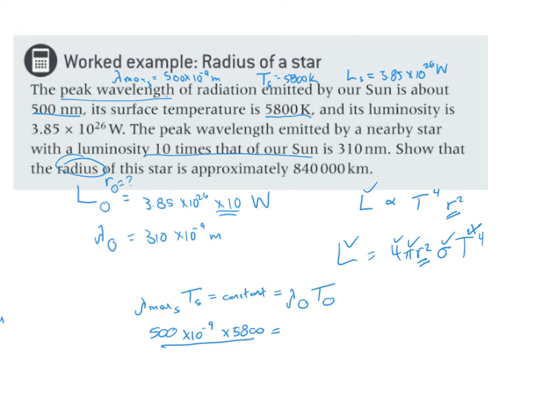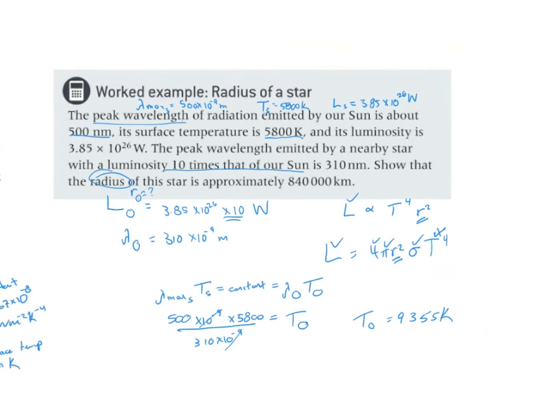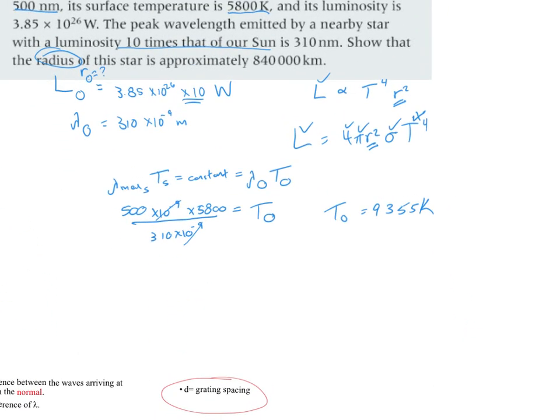If I want the temperature of the other star, I can divide both sides by the wavelength of the other star, which is 310 times 10 to the minus 9. This and this cancel. So you will get the temperature to be 9,355 Kelvin.